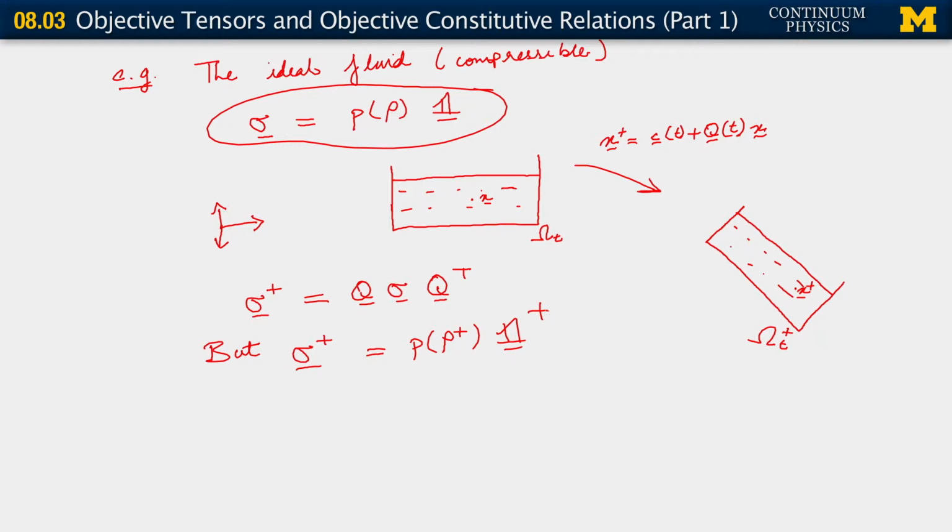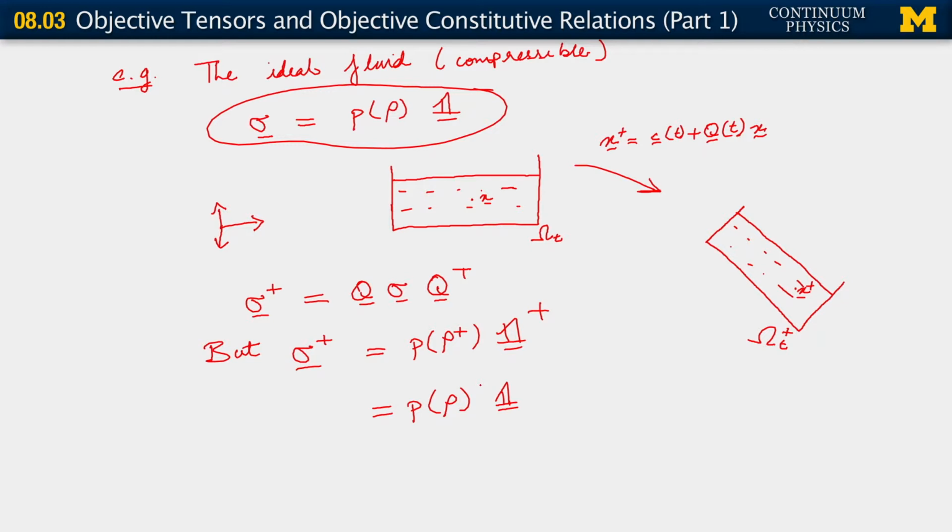But the isotropic tensor, after all, is a constant, right? So that isotropic tensor stays the same. Now, P is a function of rho, and in the new configuration, it has to be evaluated at rho plus. But we know that scalars remain the same, right? So rho plus becomes rho. Okay, so what we should see is that sigma plus is the same as sigma.